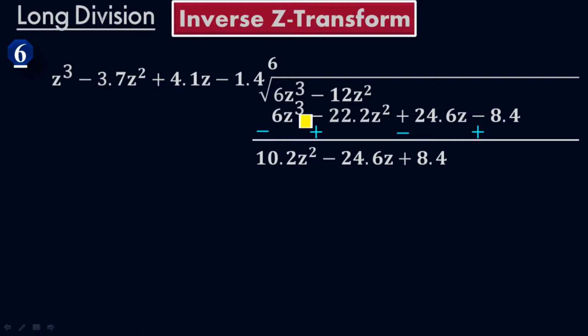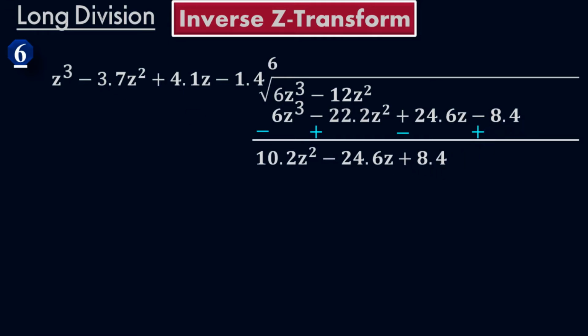Negative 6z cubed cancels with positive 6z cubed. Positive 22.2z squared minus 12z squared equals 10.2z squared, because remember, it is no more negative, it is positive now. We changed the sign. Similarly, it is not positive anymore, it is negative, so put negative 24.6z. And here, from negative it became positive, so put positive 8.4.